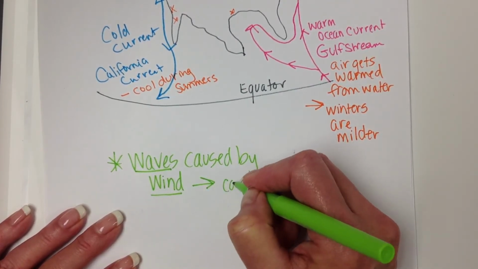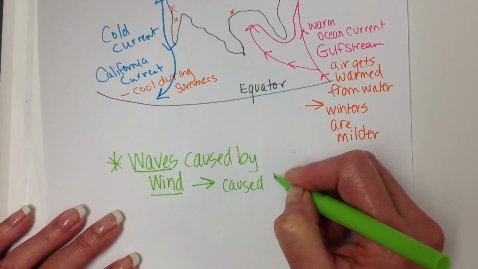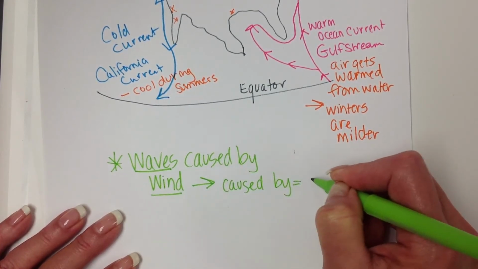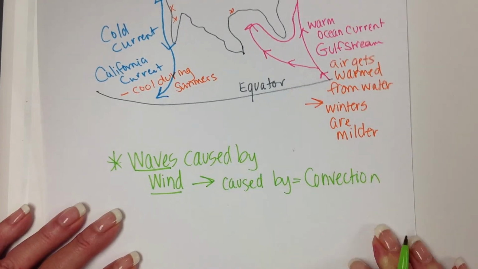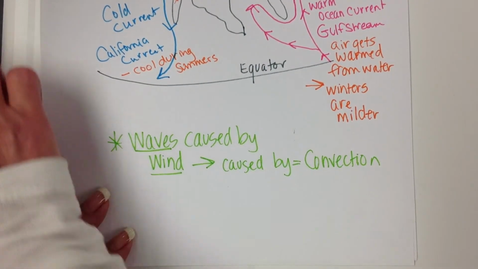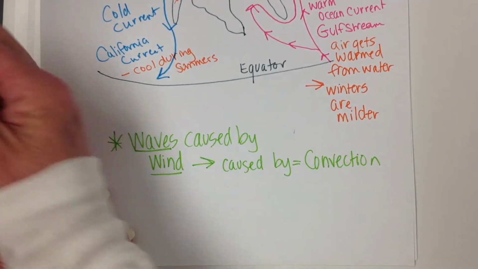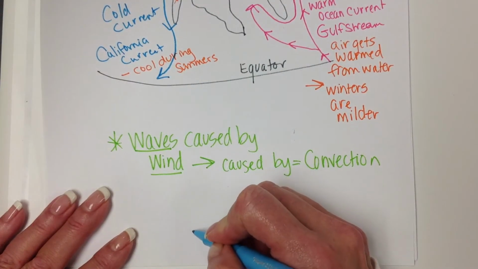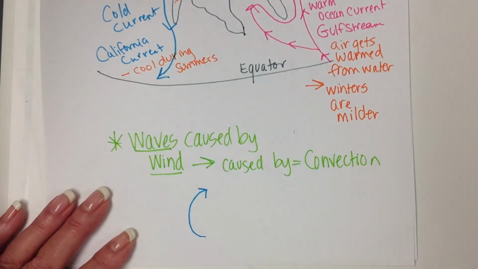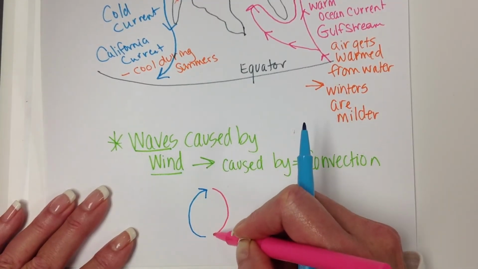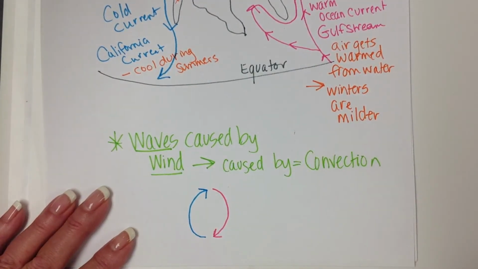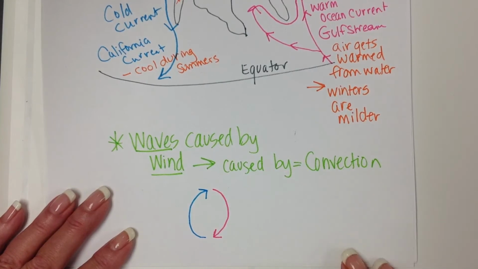Wind is caused by, you guessed it, convection. So just like we have that convection in the ocean all the way around the globe, we have warm air rising and cool air sinking, and that's moving our air, and we just call that wind.